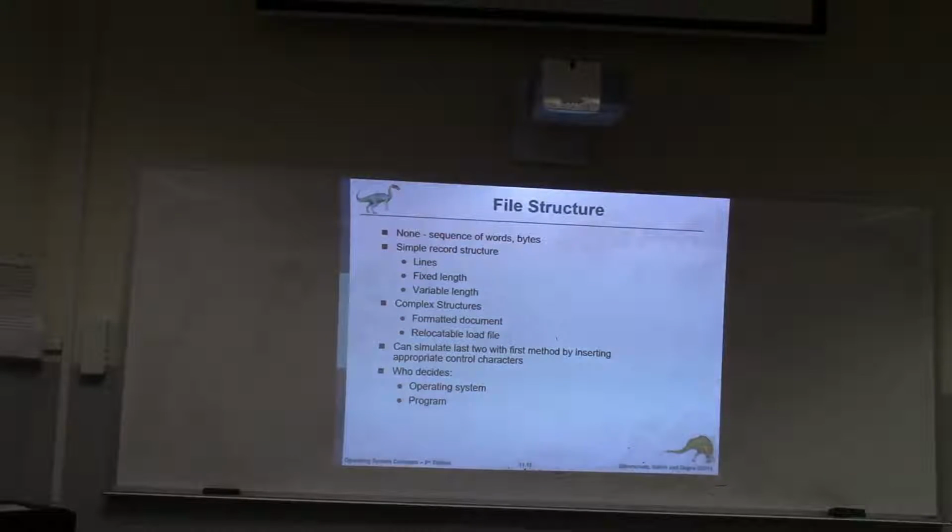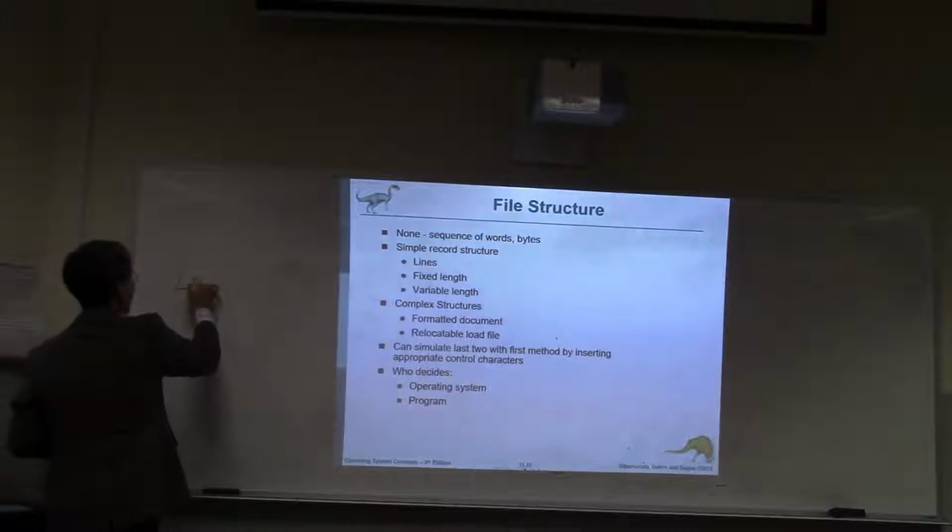So the file structure itself, actually the file is a sequence of bytes. That is a file, but it can be organized differently. We can use a very simple file structure, line by line, with the new line character. For Windows, the new line character is the line feed.